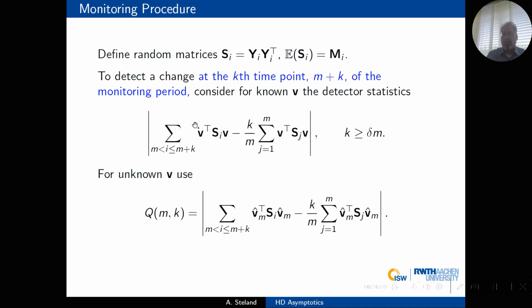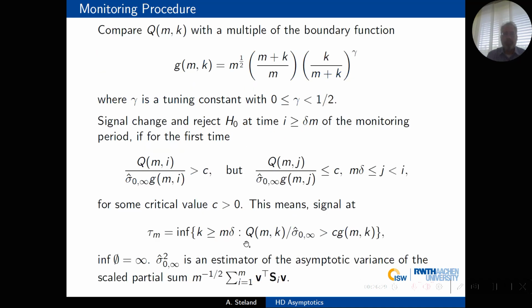This is the sum of k terms, and we compare it with k times the associated average of the training period. So this is a CUSUM approach. If v is unknown, then we simply replace v by its estimator v_m hat. So this is then Q_m(k).